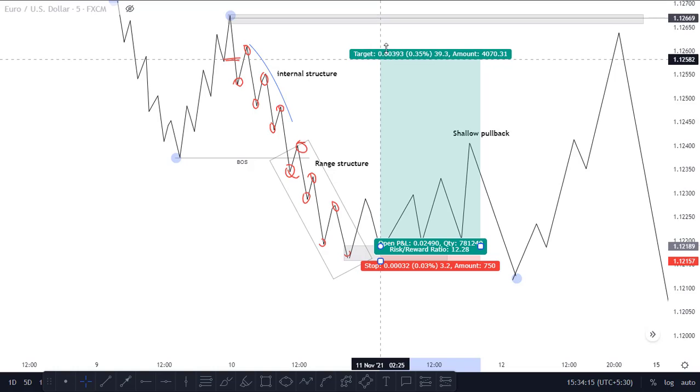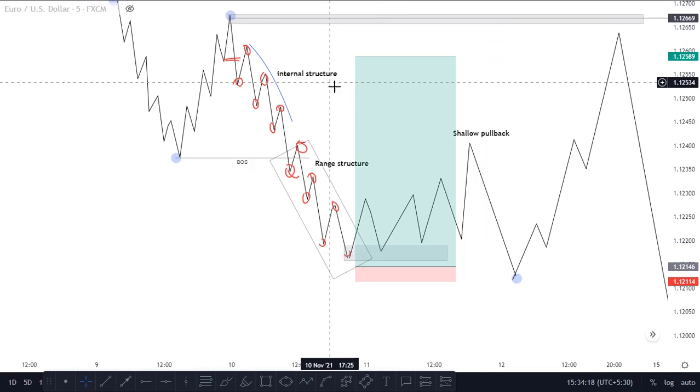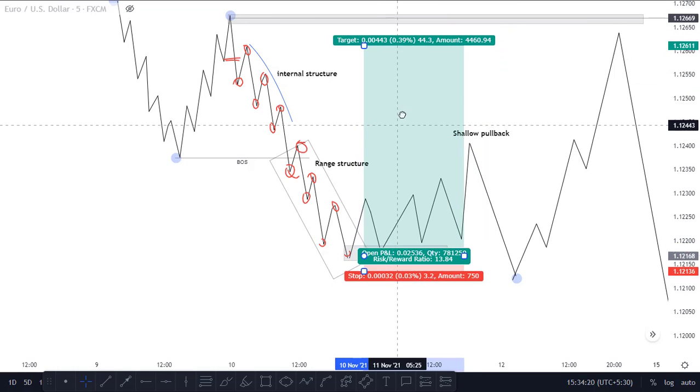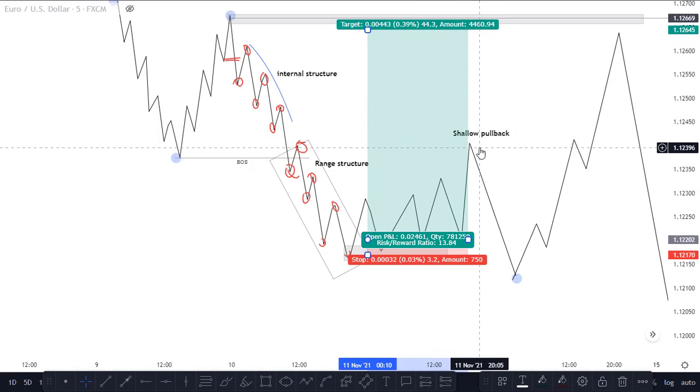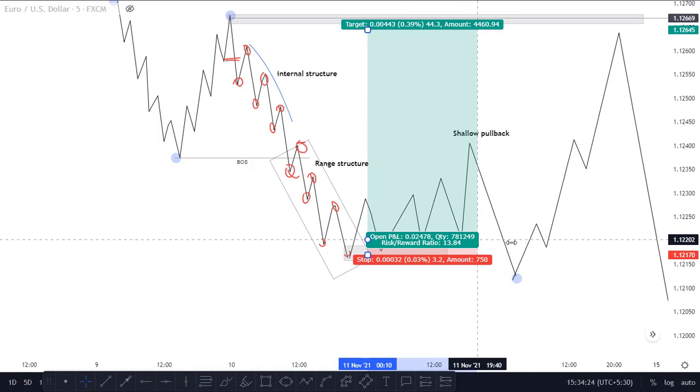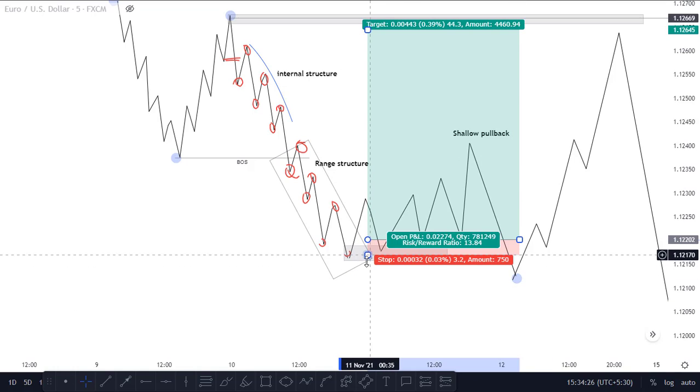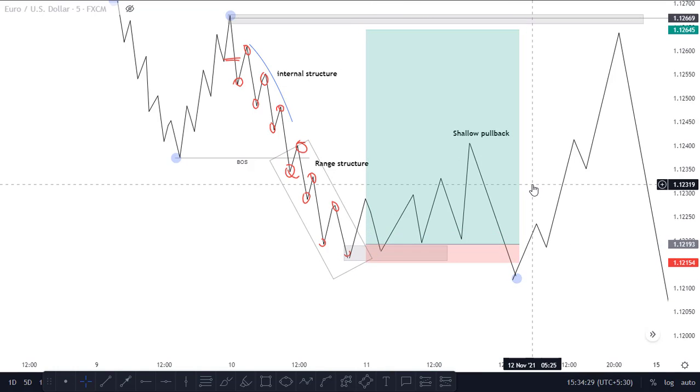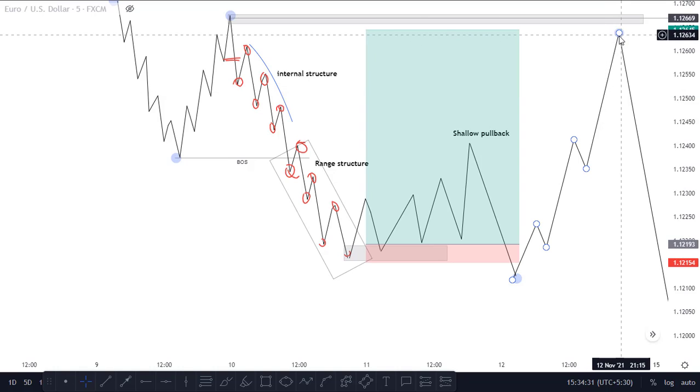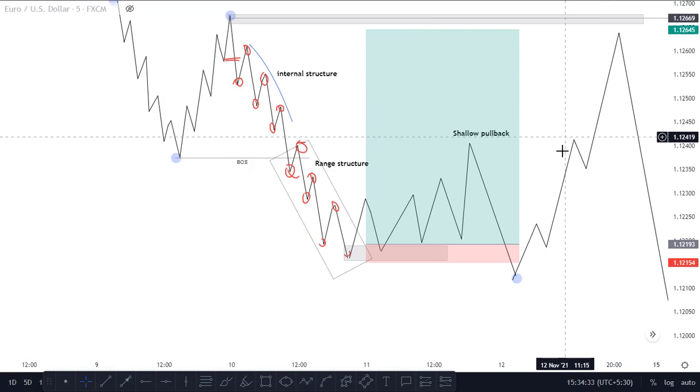Maybe you are targeting a certain zone here, and then what does the market do? Market comes back to manipulate you. After manipulating you, market starts going your way, right?